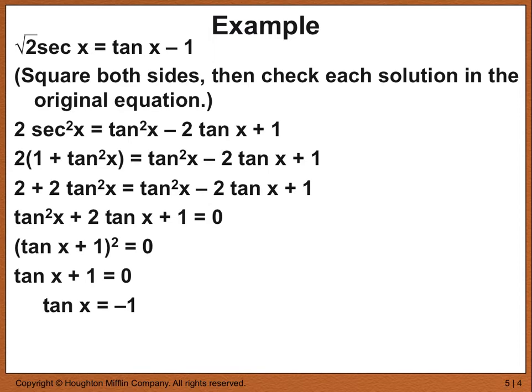All right, then you want to look at that unit circle again and see where your tangent is negative 1. Now, remember that on the unit circle, tangent is sine over cosine, so y-coordinate over x-coordinate. The y-coordinate divided by the x-coordinate will give you tangent.